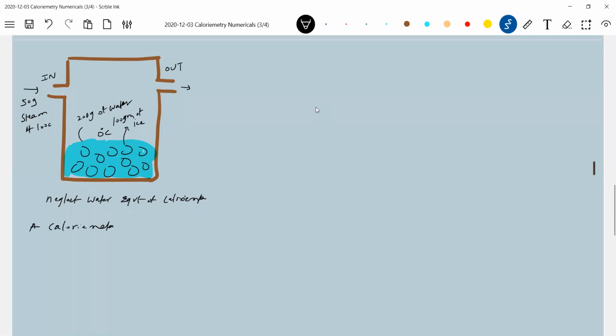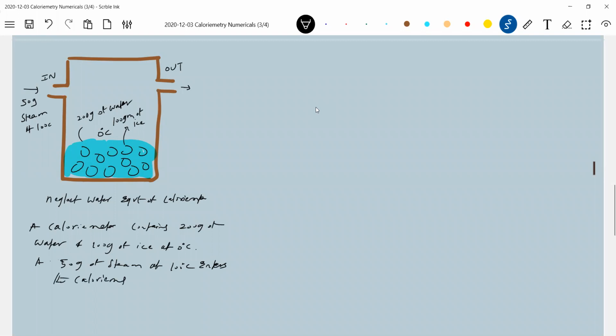Okay, a workout problem. I'll add a question. A calorimeter contains 200 gram of water and 100 gram of ice at 0 degrees Celsius. 50 gram of steam at 100 degrees Celsius enters the calorimeter.